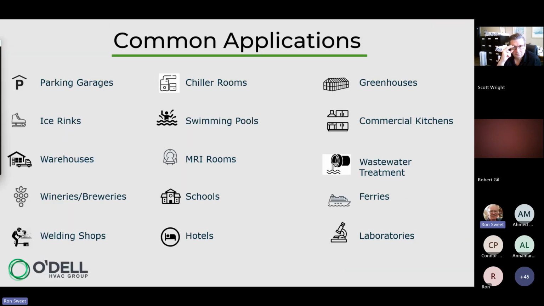And we get involved in all the different applications you see on your screen right there, including ferries. There are some ferry movements on different areas of the Great Lakes where they're offshore communities, and they're not just moving people back and forth, they're moving vehicles, and they're also moving product back and forth. So wineries and breweries, warehouses, ice rinks, swimming pools, all of those different applications we get involved in on a regular basis.